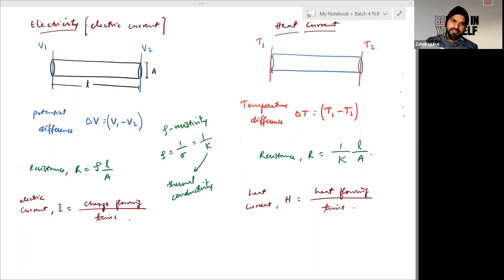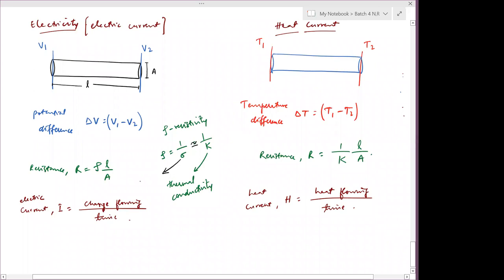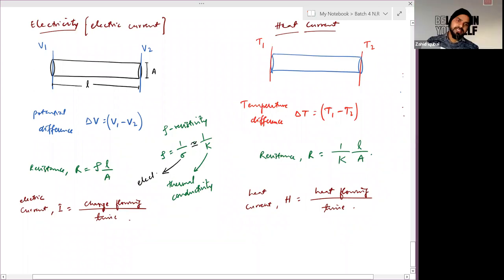Conductivity here is in terms of electricity, so I have taken conductivity in terms of heat, and it is replaced by K. This is just equivalent in terms of heat. Gautam, is it clear? Yes, sir. Sigma is electrical conductivity, and K is thermal conductivity.